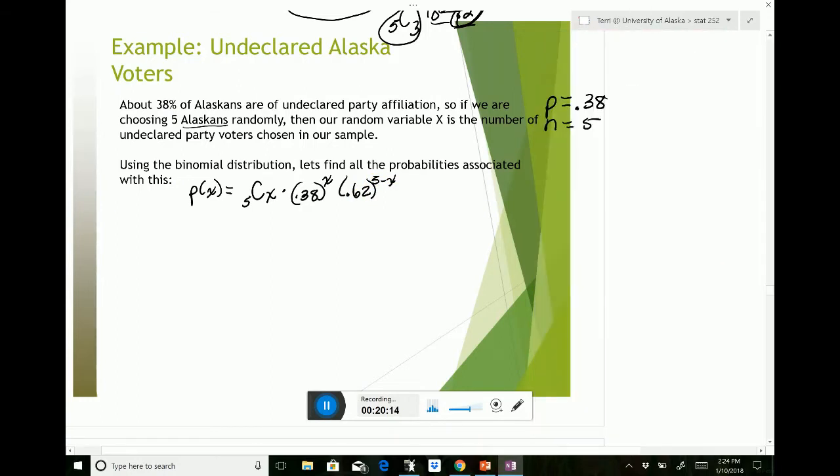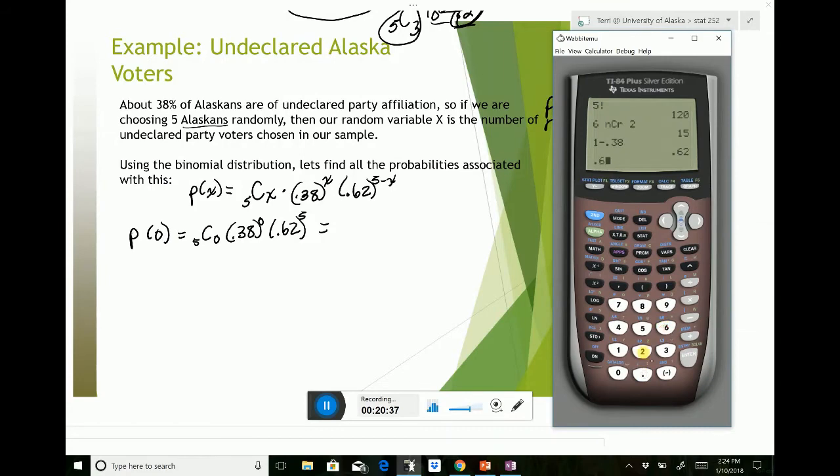So we can easily find all of these. The probability that none of them are undeclared is going to be 5 choose 0, 0.38 to the 0 power, 0.62 to the 5th power. Well, 5 choose 0 is 1, 0.38 to the 0 power is 1, so all we're left with is 0.62 to the 5th power, which is 0.0916.